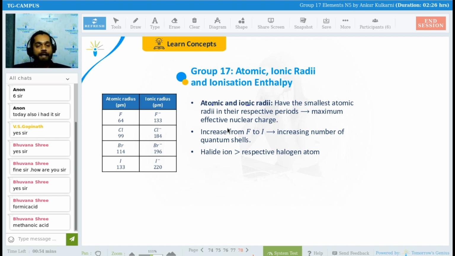What do we mean by atomic radii and what do we mean by ionic radii? Yes, Kirtini, Sarjana. If you see, the difference is almost double. Oh my God.